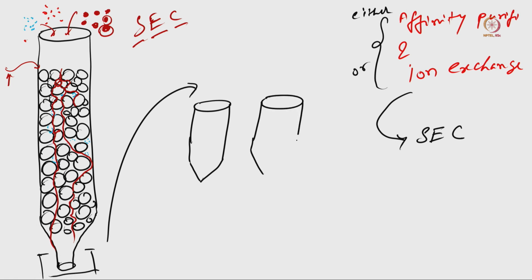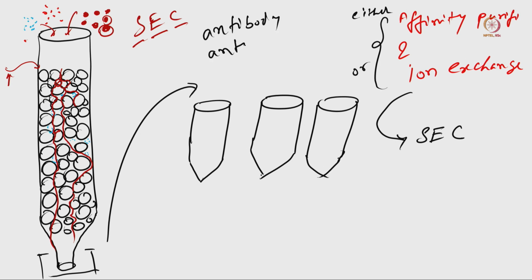So, based on size we can get our protein sample or a DNA-protein complex, as I mentioned, sometimes an antigen-antibody complex or a protein-protein complex forming. Say only antibody is there, and then antigen. When we have only antibody and antigen, they have different sizes.